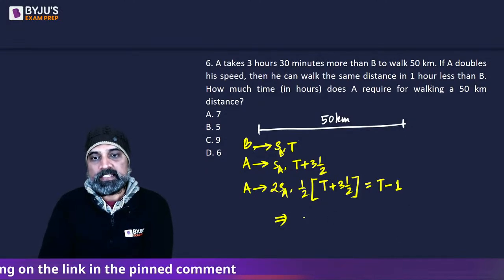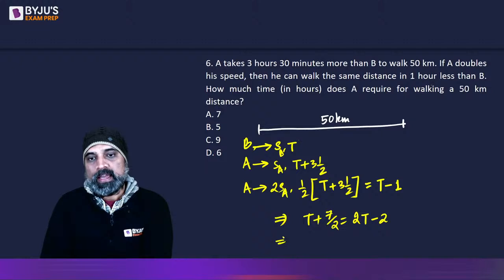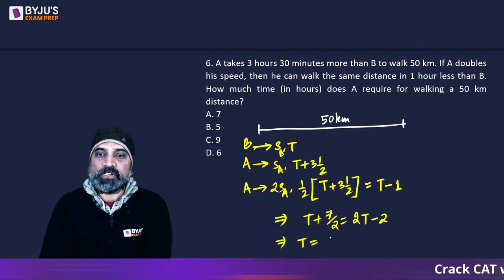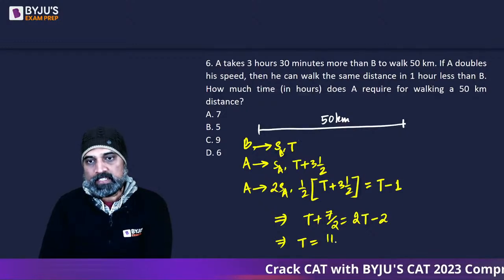So this results in t plus 7 by 2 is equal to 2t minus 2. And this results in t is equal to 7 by 2 plus 2, which is 11.5.